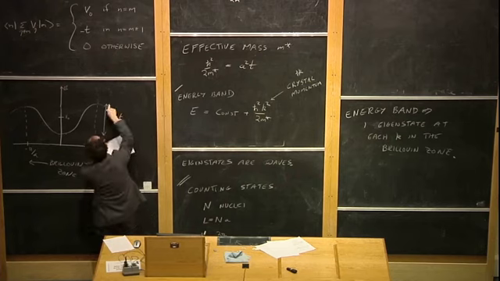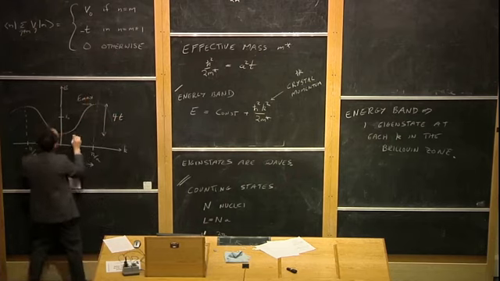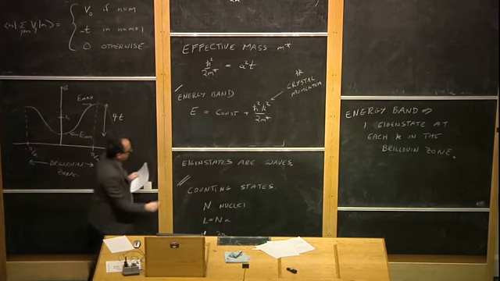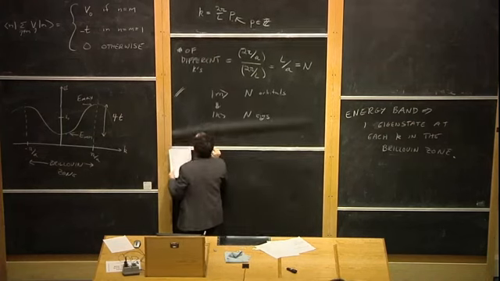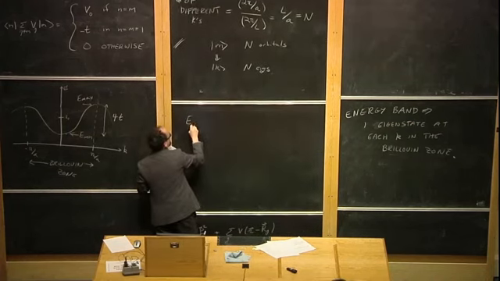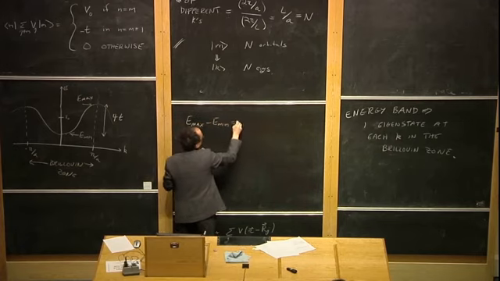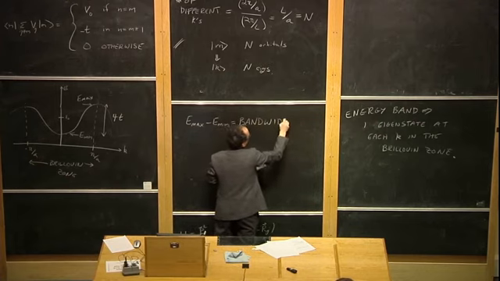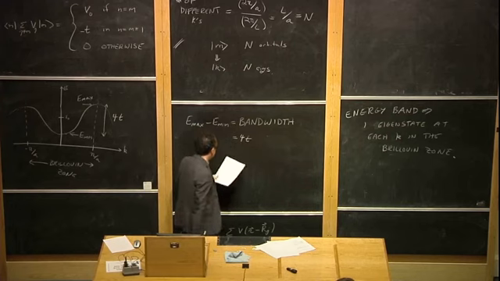So the total range from Emax, let's call this Emax, and let's call this Emin here, Emax minus Emin is known as the bandwidth, which in this case is 4t.